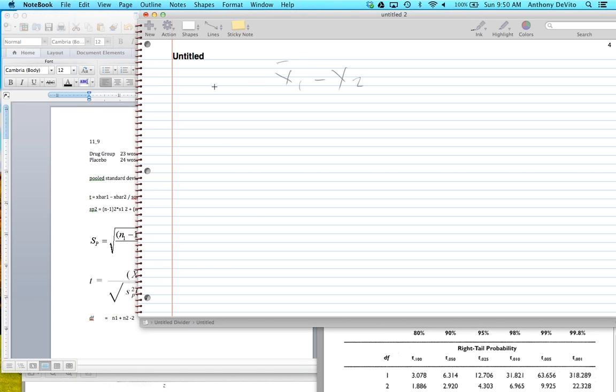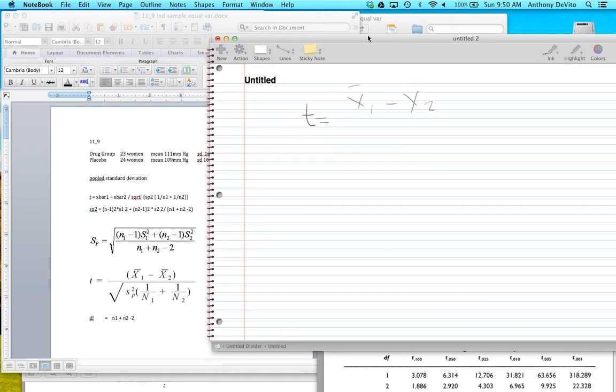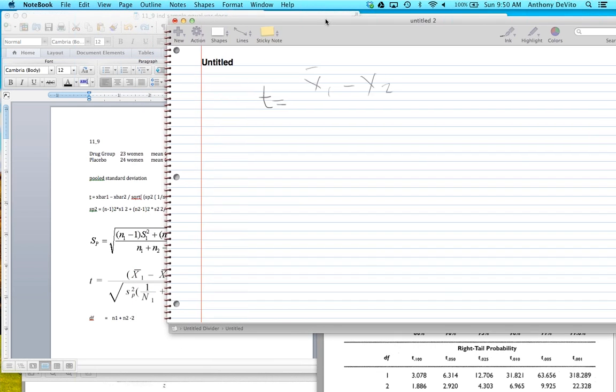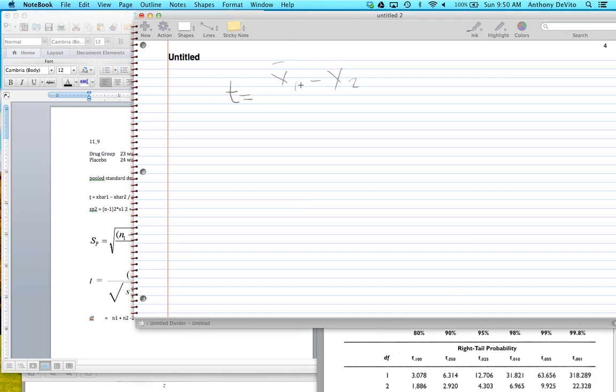I'm going to subtract one from the other to get my t-score. I'm going to just assume t from now on, unless I can assume differently, and we'll see if we can. My t-score is equal to x bar 1 minus x bar 2 over my standard error.